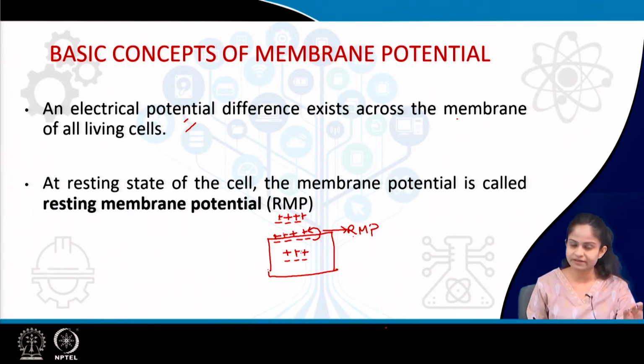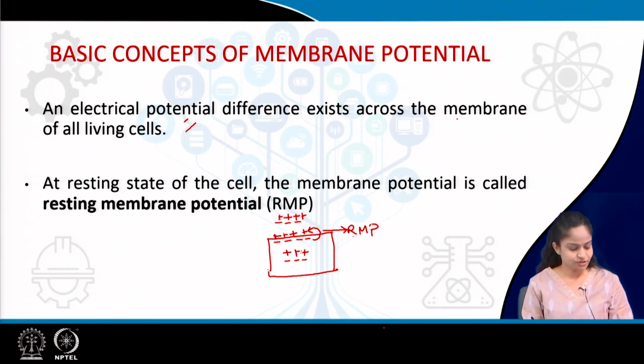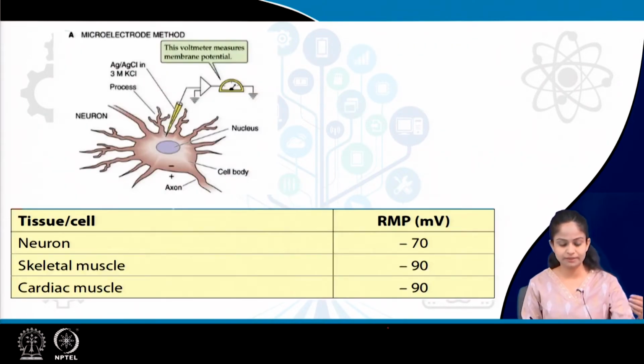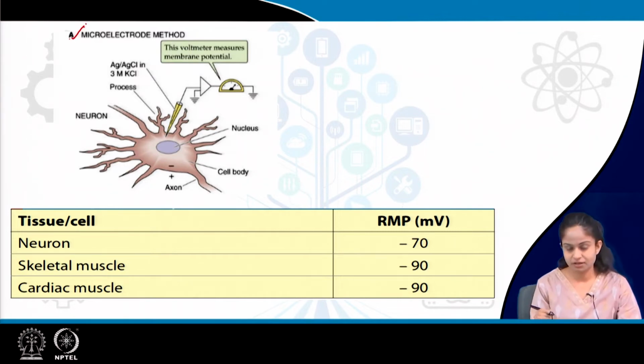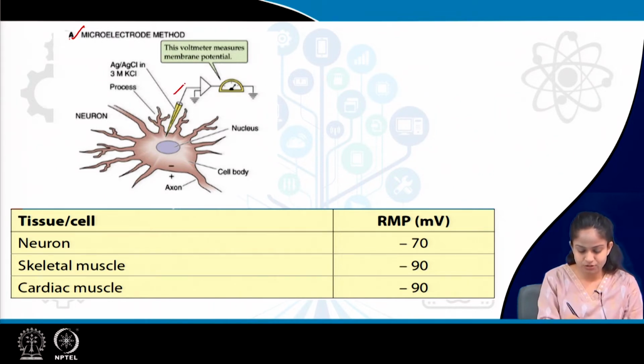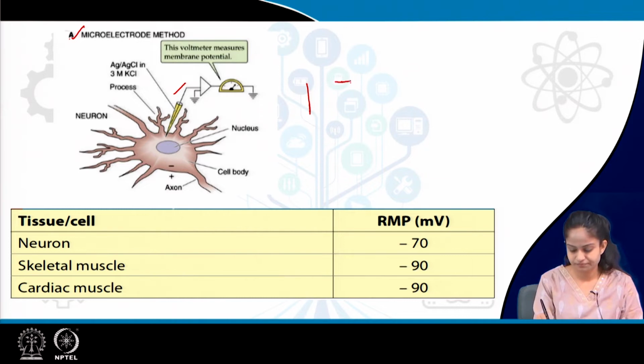So how do we record this membrane potential? Generally we record this membrane potential with the help of microelectrodes. We have a numerical method also where we can calculate the potential, but we can use microelectrodes, like 2 microelectrodes as we can see over here. The similar cell if I draw, we have the charge differences across the surface.